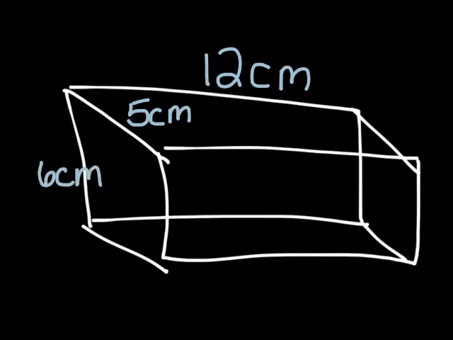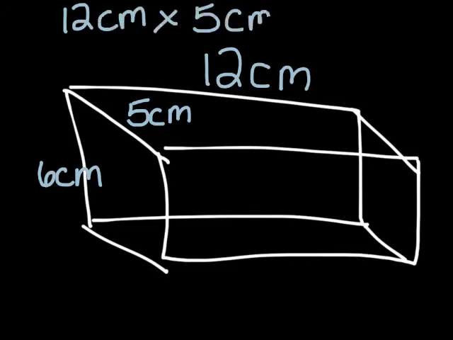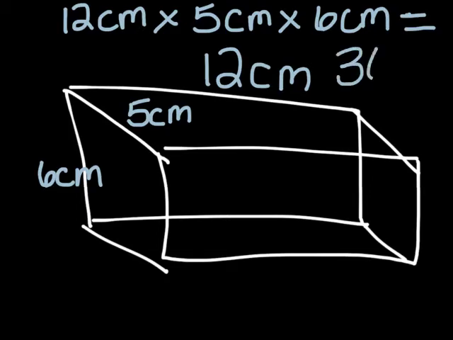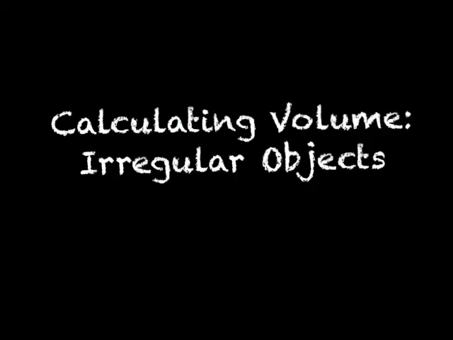So we take our length and do 12 cm times 5 cm times 6 cm, and that would equal 360 cm cubed. Okay, don't forget about the cubed. I know how much we hate putting units, but the cm cubed tells us that we had those 3 cm's there, so it's our length times width times height.